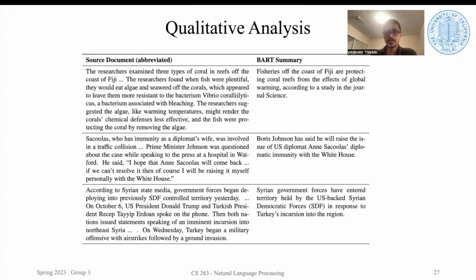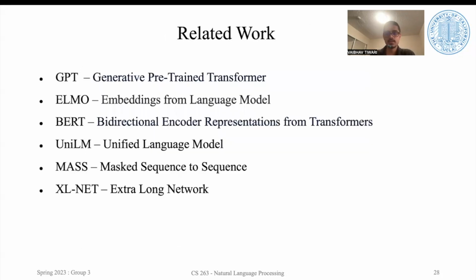So for the related work, which is the next slide, the early methods for pre-training were based on language models. Initially, GPT modeled only the leftward context, which is problematic for some tasks. ELMo concatenates left-only and right-only representations, but does not pre-train interactions between these features.